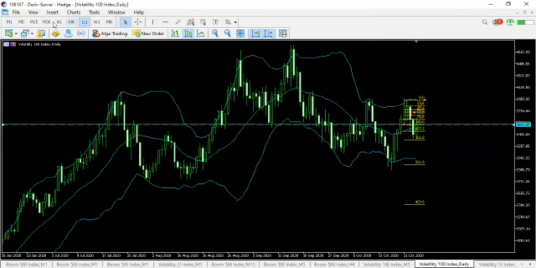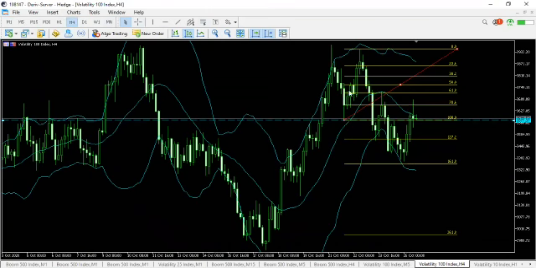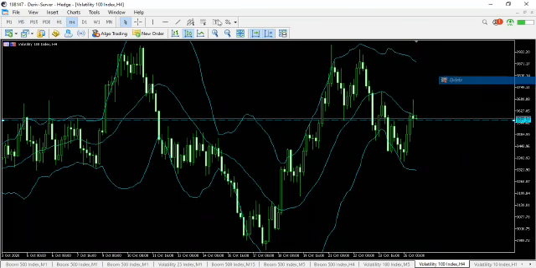The higher the time frame, the more accurate it is. So it's best to draw it on the higher time frame, and then when you're seeking an entry, you look down into your lower time frames. So that's all there is to it.